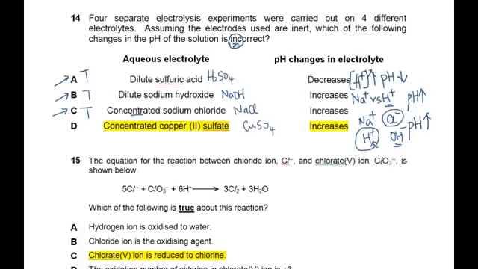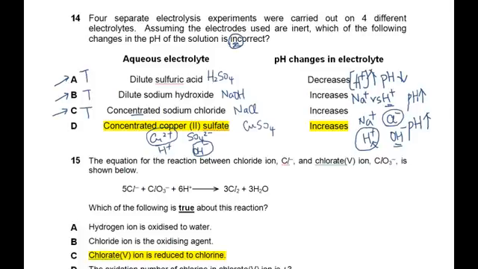If we look at concentrated copper sulfate, we have Cu2+ and H+, SO4 2- and OH-. So Cu2+ and H+, which one will get discharged? It is Cu2+ that gets discharged. SO4 2- and OH-, which one will get discharged? OH-.